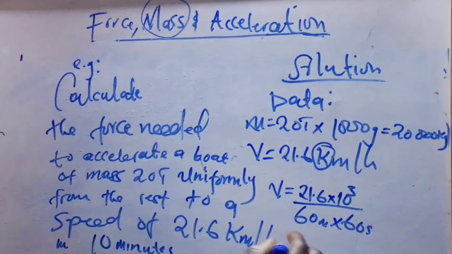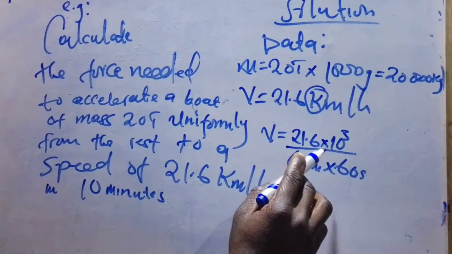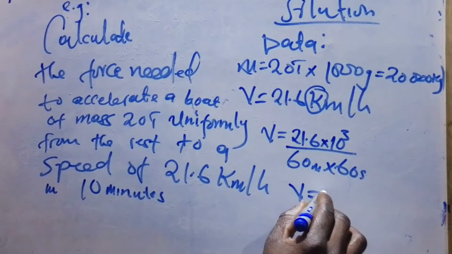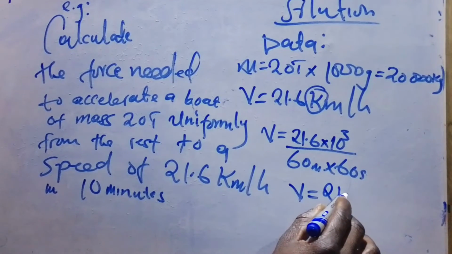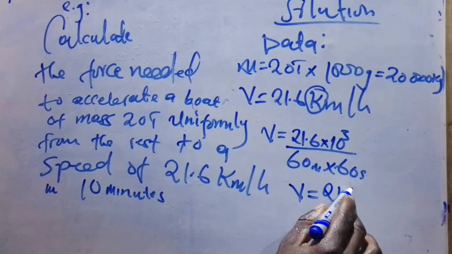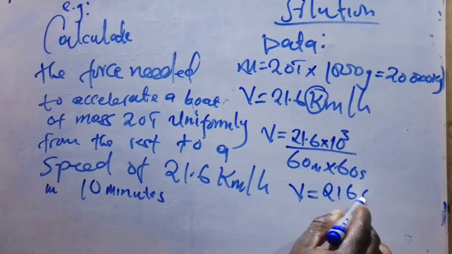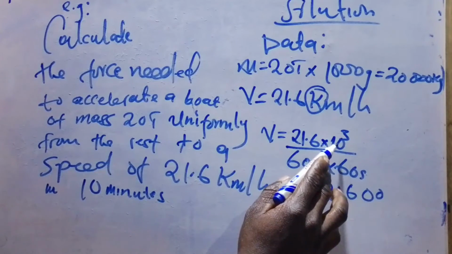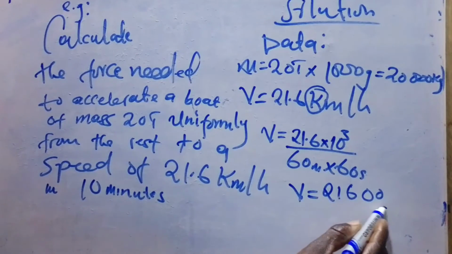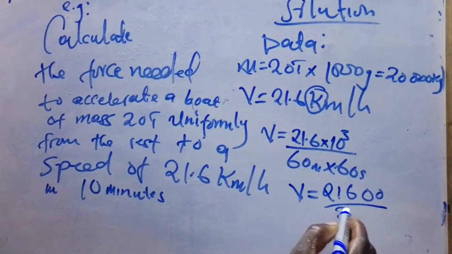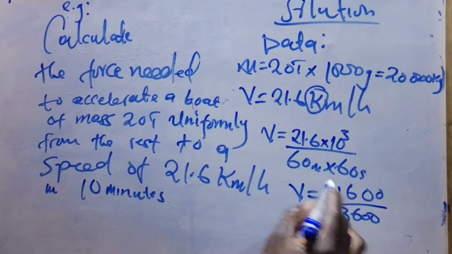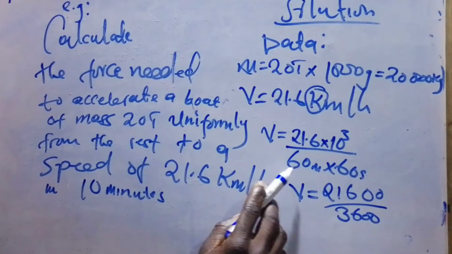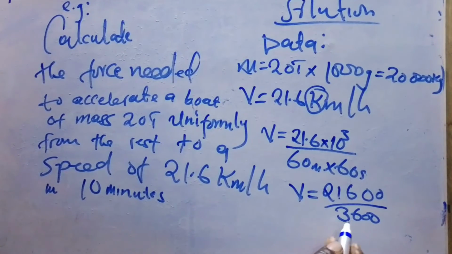Velocity will be equal to, when you multiply 21.6 times 10 power 3, you are going to have 21600, two zeros because of this decimal, so we remain with 2 zeros here. Then you divide by 3600, which is 60 times 60.